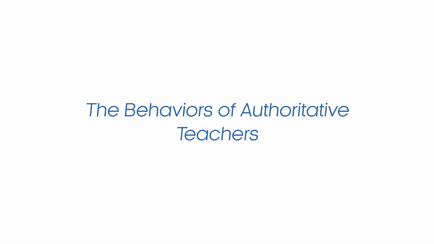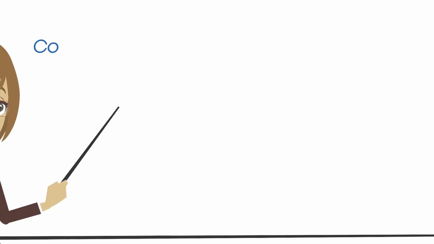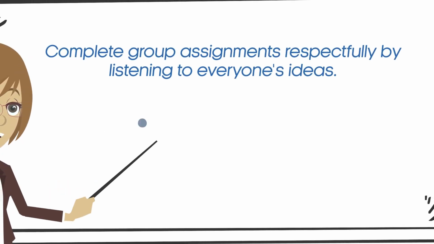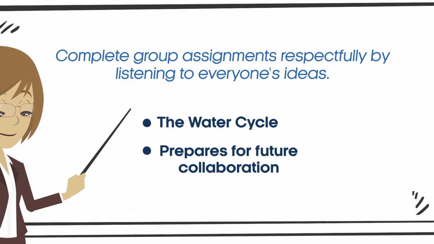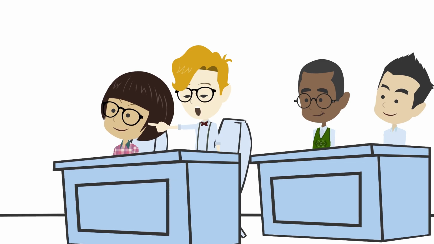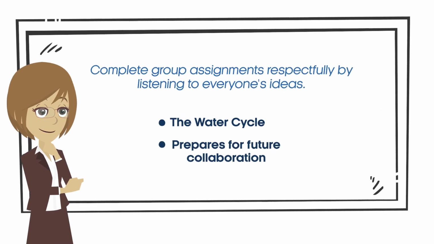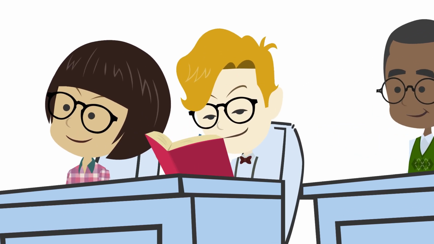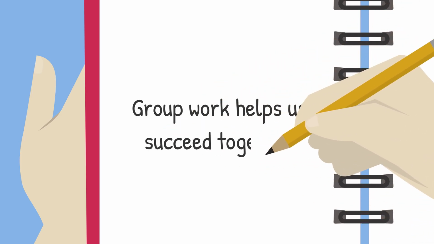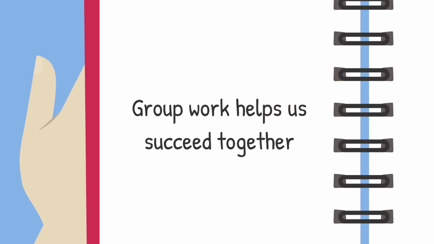The behaviors of authoritative teachers. Authoritative teachers foster a balanced environment where students feel guided and empowered. One critical behavior they exhibit is openly explaining the basis for their actions and decisions, helping students understand what is expected of them and why these expectations exist.